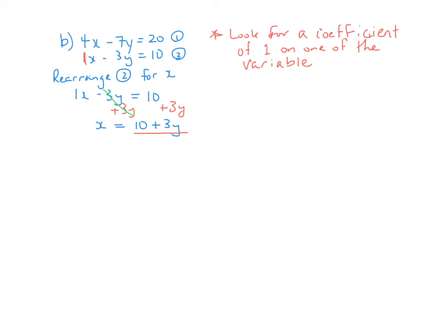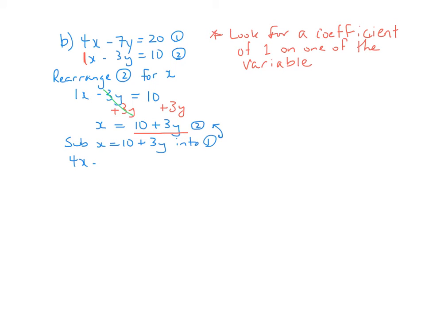So since this came from equation 2, we have to sub this into the other equation. It has to go into the opposite equation. So we're going to take this expression where we have x equals 10 plus 3y, and we're going to sub that into equation 1. These have to be not the same equation. All right, so sub it into equation 1.